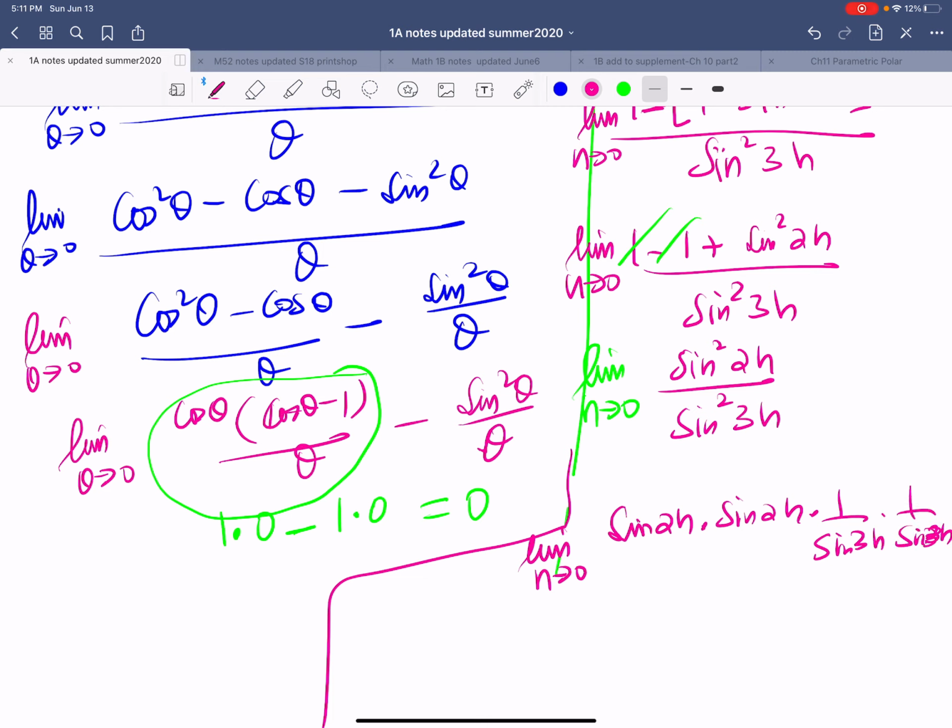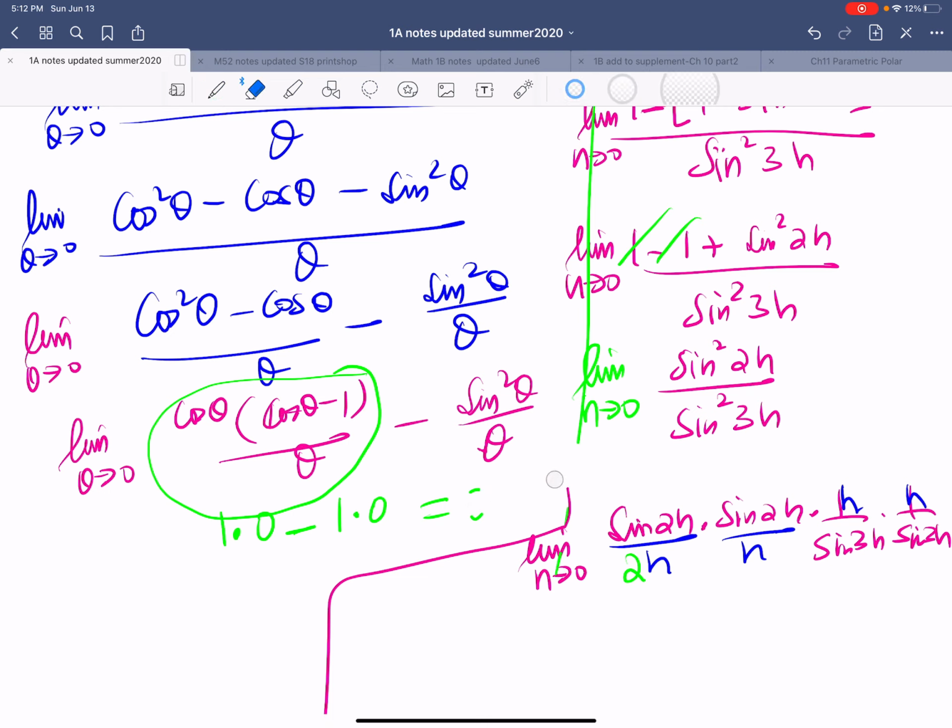Now I'm going to multiply and divide with sine 3h. I'm going to multiply and divide with an h. I need to have a 2 here, so I'm going to divide with the 2.